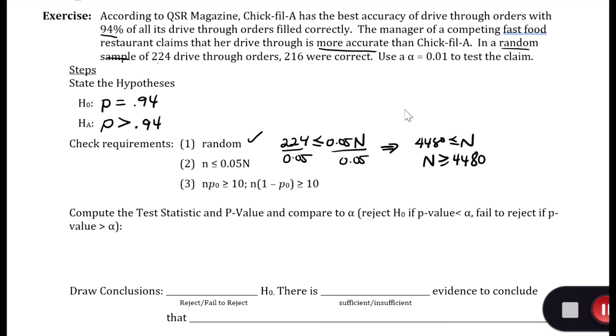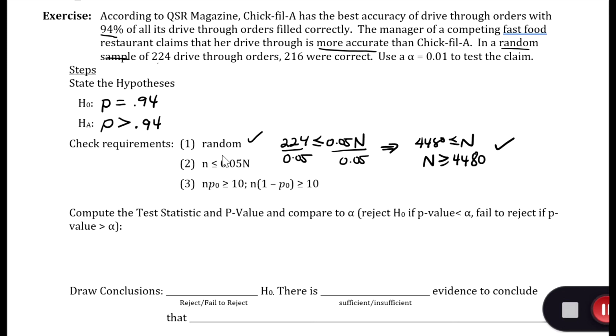Let's think about what this population is: it's the drive-through orders at this competing fast food restaurant. As long as there are more than 4,480 drive-through orders in its entirety at this competing fast food restaurant, then that will be satisfied.